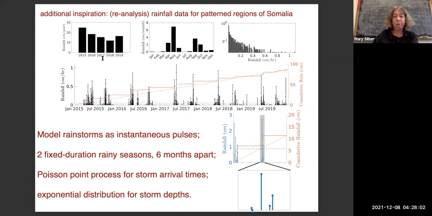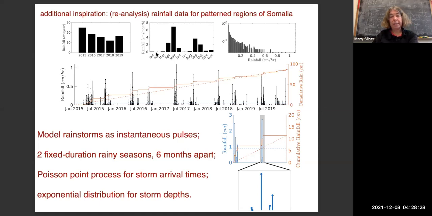Okay, so I want to also tell you what kind of rainfall model we're going to put into this system. This is reanalysis data from this region in Somalia that has these banded patterns. This bottom plot is showing the rainfall rate in centimeters per hour over a 5-year period. If you collect each year, you can see that there's variability in the yearly rainfall.